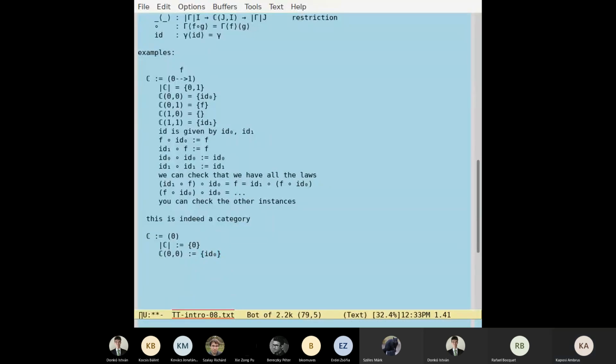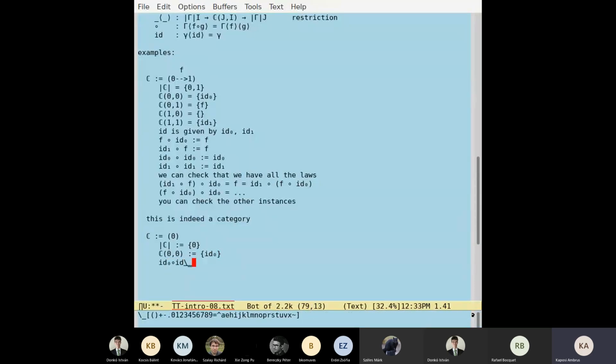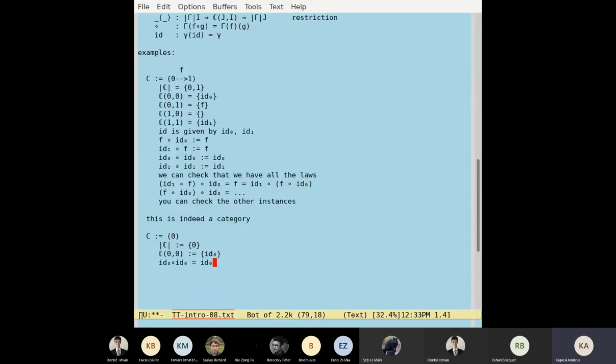The only way to compose morphisms is to compose the identity with itself, and it's just the identity. So identity is given by identity 0, and all the laws hold trivially. So this is another category. Let's call this other category C prime.